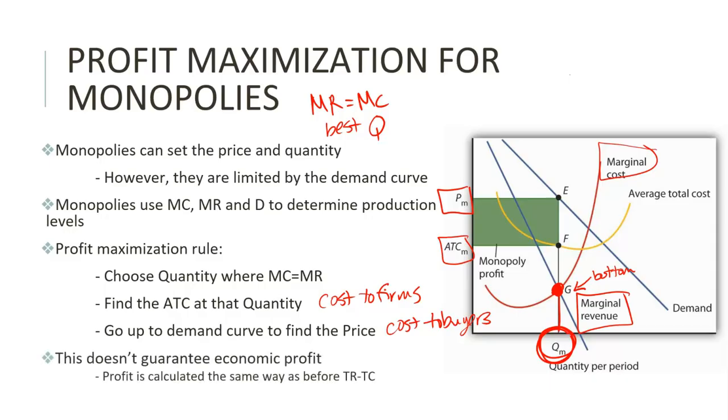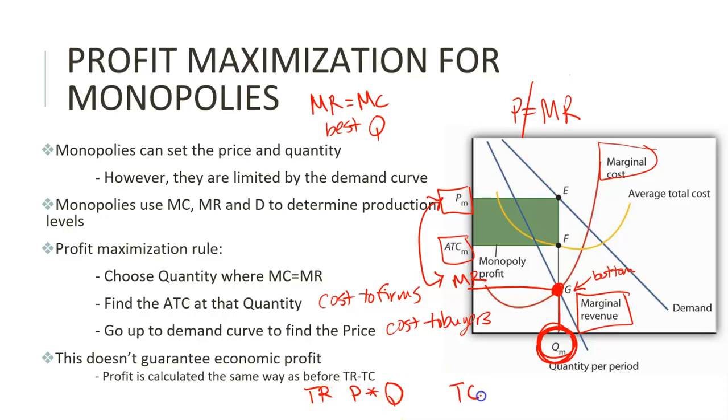So we're going to calculate profit the same way, total revenue minus total cost. In this case, total revenue is going to be the price, not the marginal revenue, because this is different than our price now that we're in imperfect competition, right? So price does not equal marginal revenue. So the price on the demand curve times that optimal quantity we found.